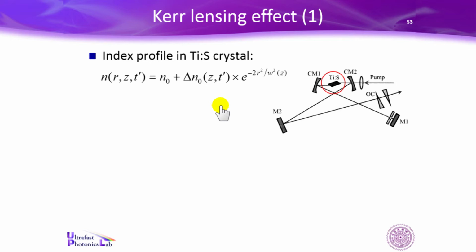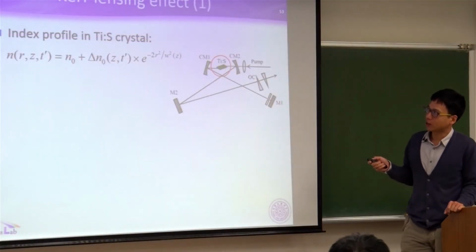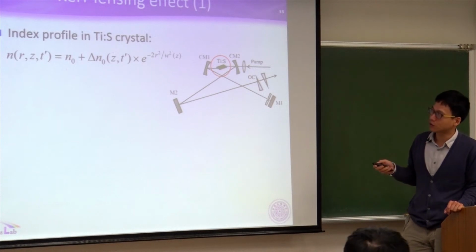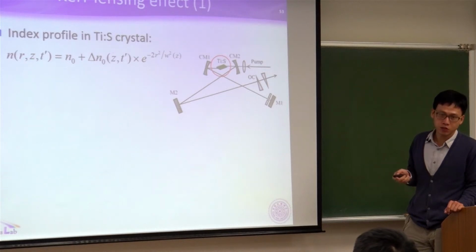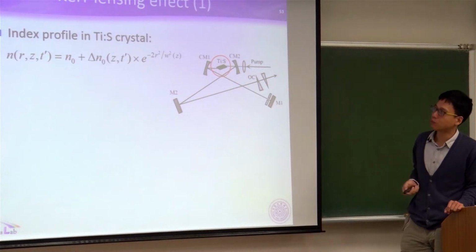Okay, now the Kerr lensing effect. Previously, we simply omitted the Kerr lensing effect. Now we have to take it into account. To analyze its impact, we need to formulate the index profile inside the crystal. So the index n is a function of radius r, longitudinal position z, and relative pulse position t prime.